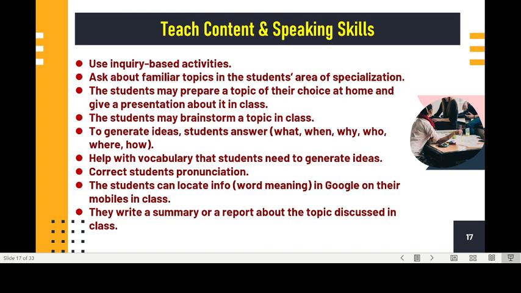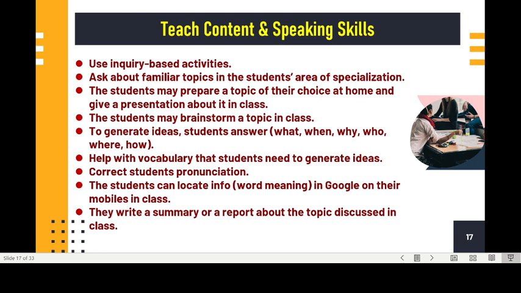They can generate ideas. This is what we teach them by asking question words: what, when, why, who, where, how. We can help them with vocabulary that they need to generate ideas. We should correct their pronunciation while they are speaking.